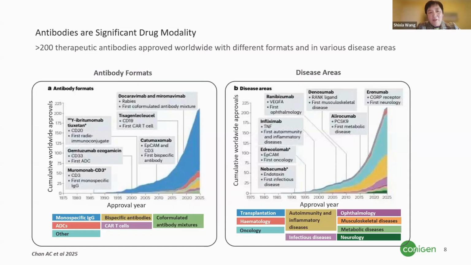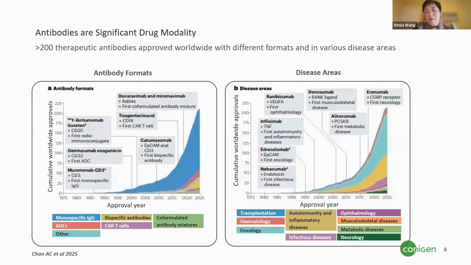If you look at the left panel of the graph, to date, the naked monoclonal antibodies are still the majority of approved antibodies. However, all other antibody forms also grow very quickly. The right panel shows the therapeutic areas.